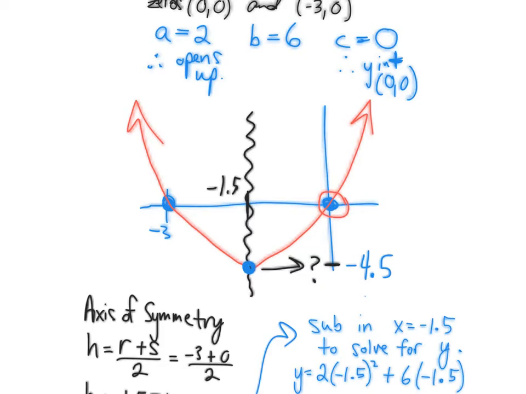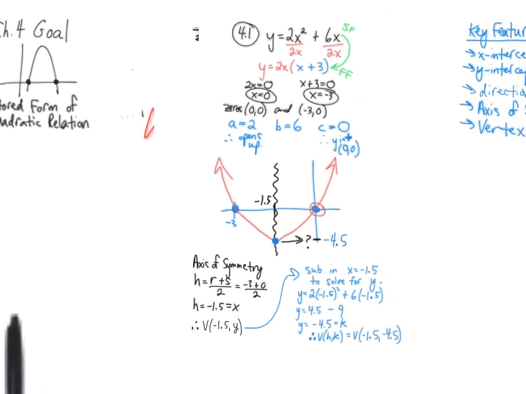Since a is positive, we're going to have a minimum, so the minimum value is -4.5 for this parabola. It occurs at an x value of -1.5, and together that forms your vertex. (-1.5, -4.5). Okay, that concludes common factoring.